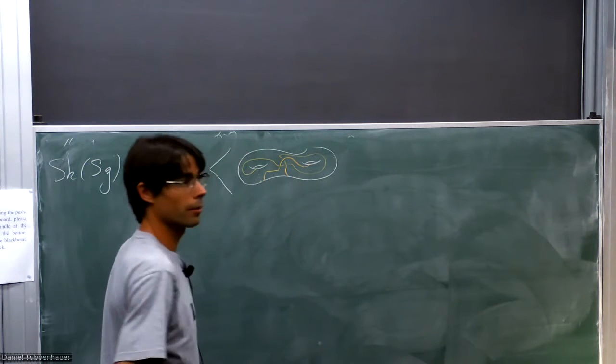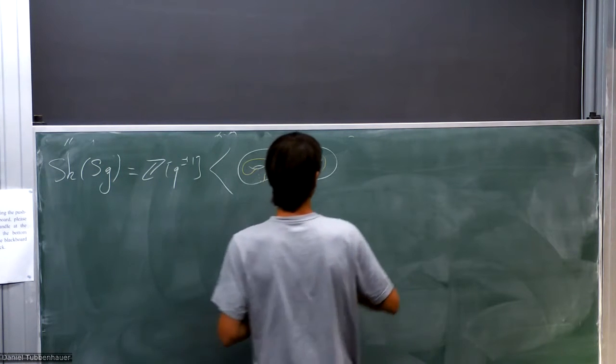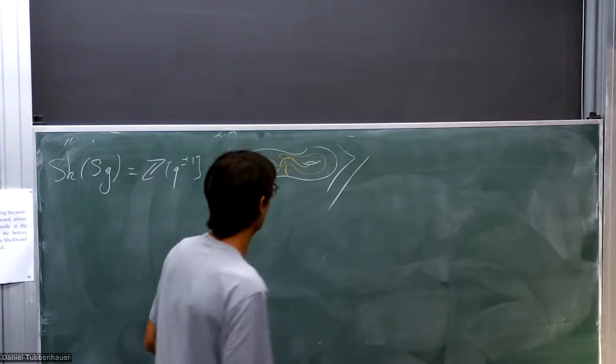So we have these diagrams on the space, and we allow ourselves two kinds of relations.